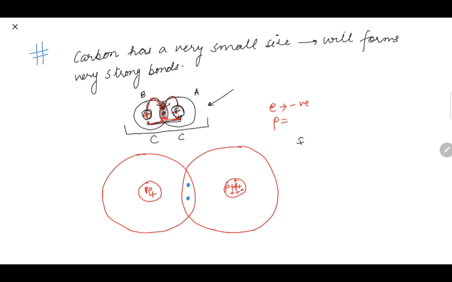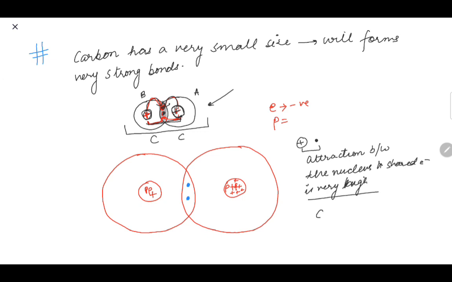And since the positive nucleus and the electrons are very close, the attraction between the nucleus and shared electrons is very high. And thereby, carbon-carbon single bond is a very strong bond. I hope you're understanding.